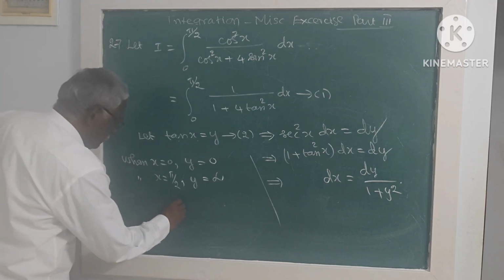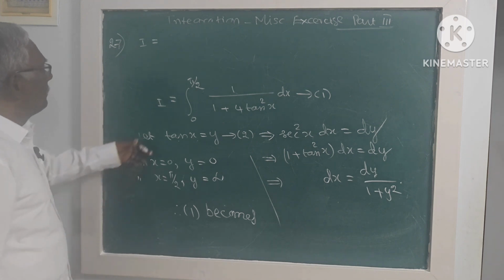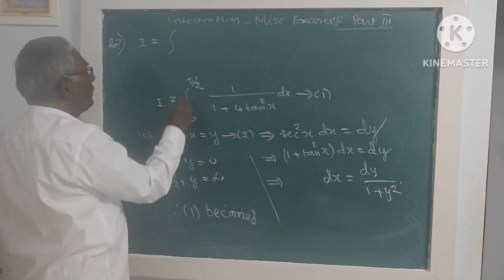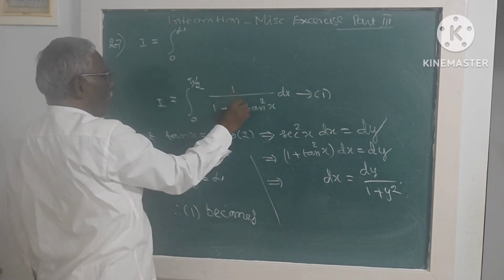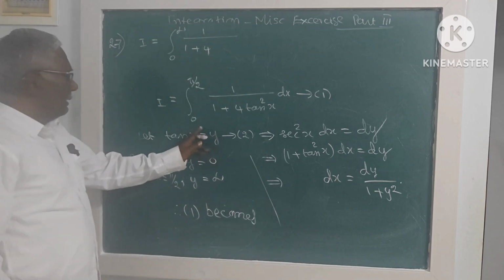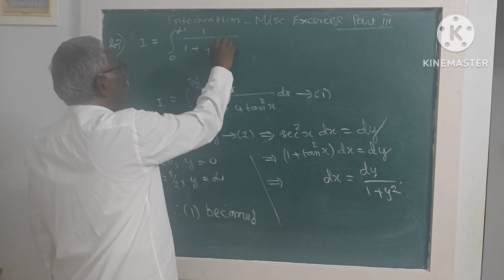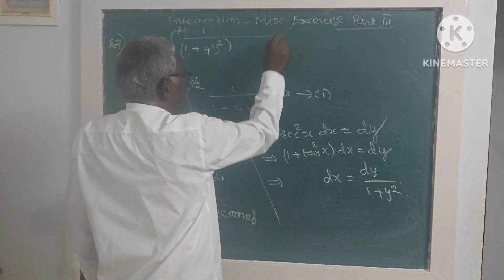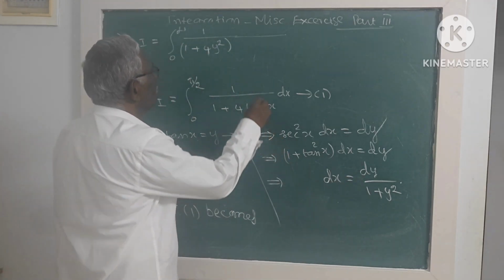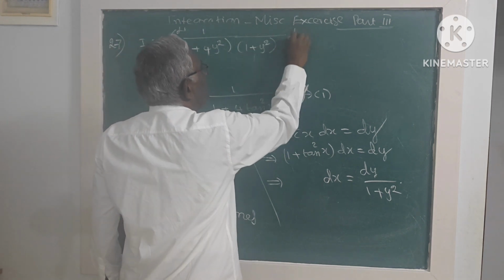Therefore, the integral 0 to pi by 2 becomes 0 to infinity. Then 1 by 1 plus 4 y square, as tan square x is y square. What is dx now? dx is dy by 1 plus y square. So 1 plus y square dy.